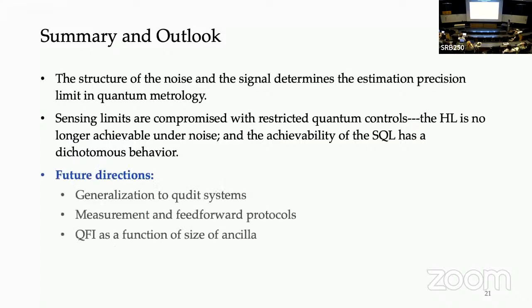Some future directions include generalization to qudit systems, and also to include measurement and feed-forward controls during the evolution. And finally, how to calculate the exact value of the QFI instead of just the scaling of it is an open problem. So yeah, thank you for listening.